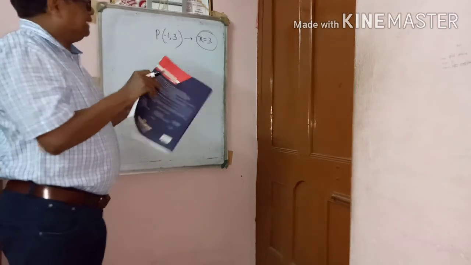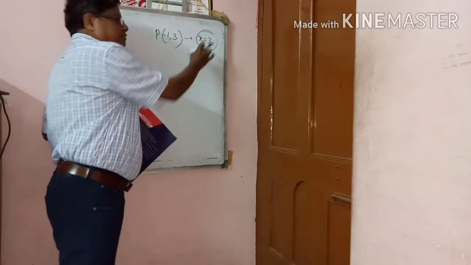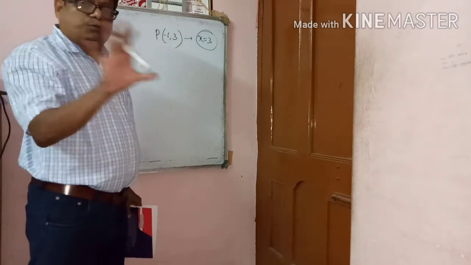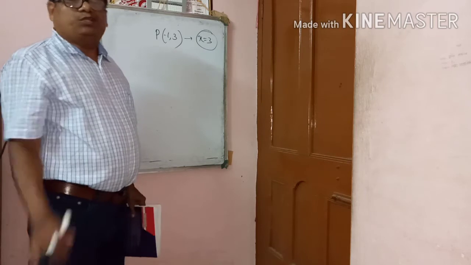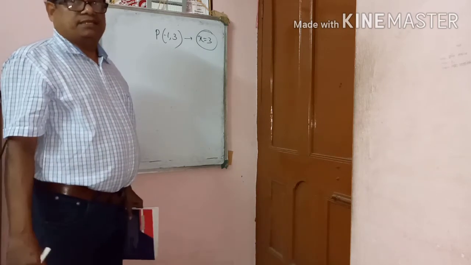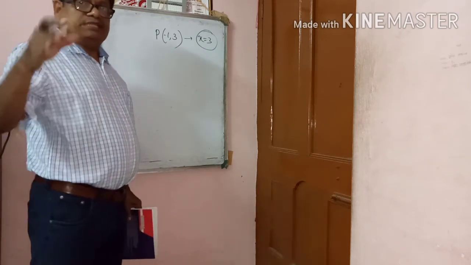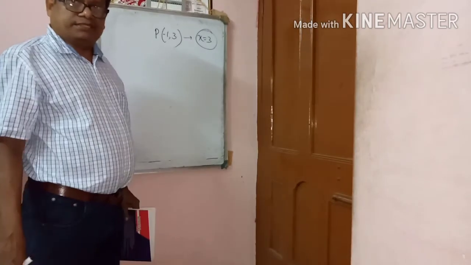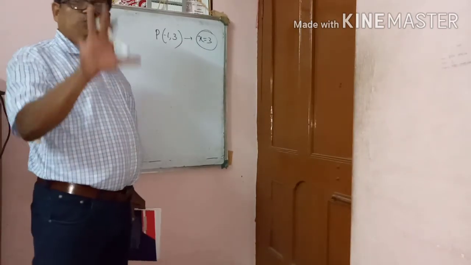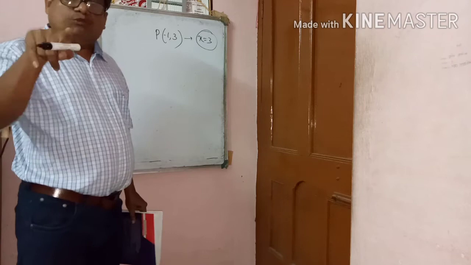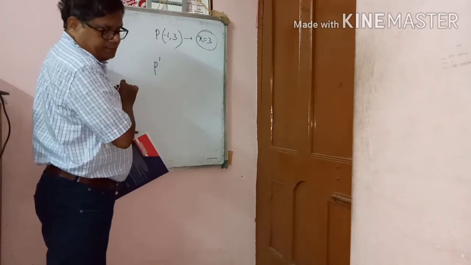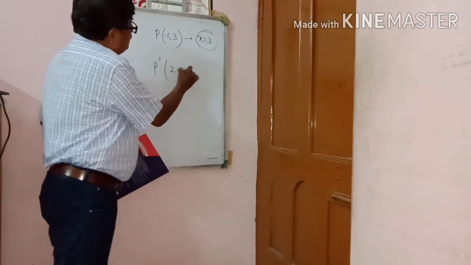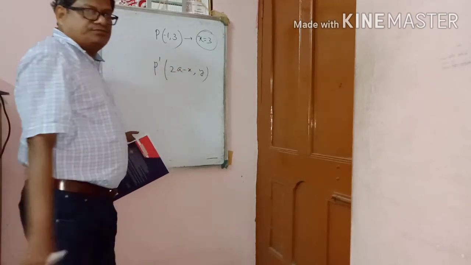See, when x equal to 3 is given, all of you know this line x equal to 3 is parallel to the y-axis. It is fixed, parallel to the y-axis. So y has no change, x will be changed. The new coordinate, if we take P dash, we know is (2a minus x, y).